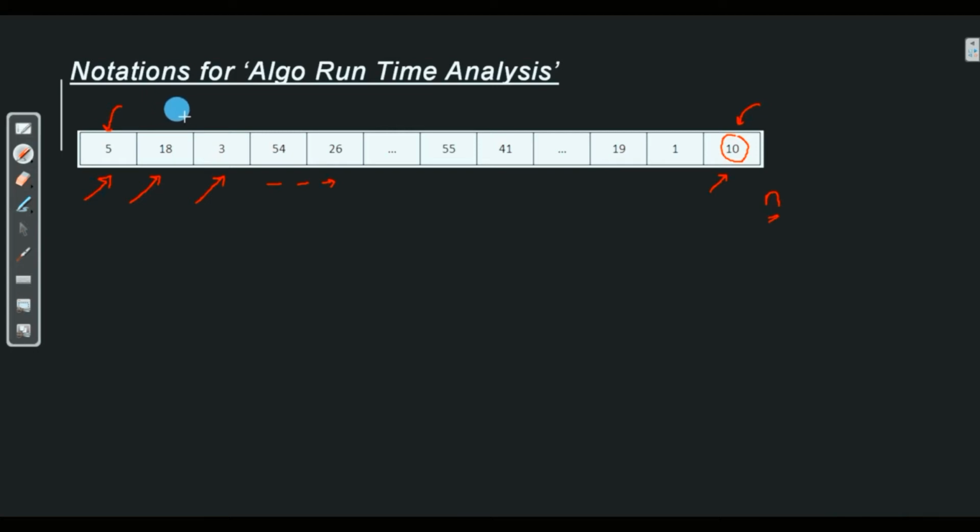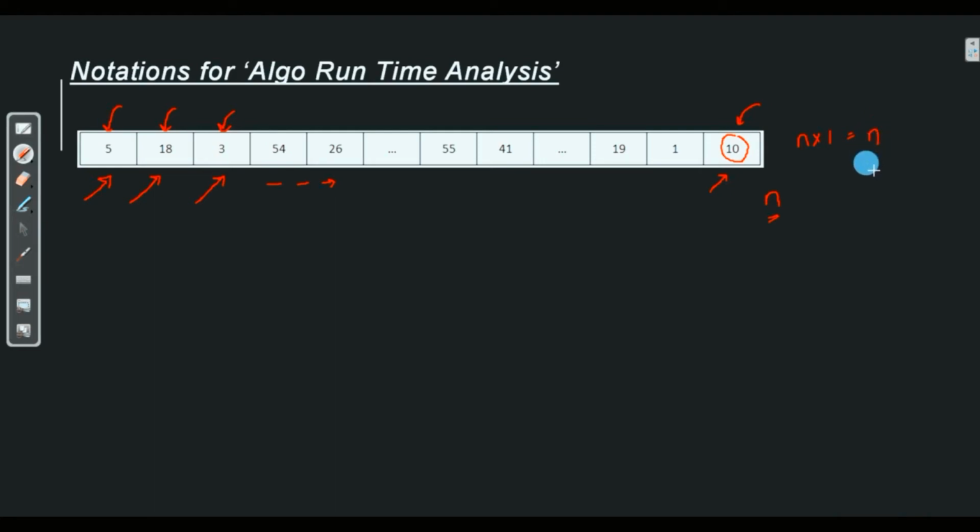So it takes 1 unit of time to visit the first cell, another 1 unit of time to visit the second cell, another 1 unit of time to visit the third cell and so on. So in total we have n number of cells over here. So it will take n into 1, that is n units of time.